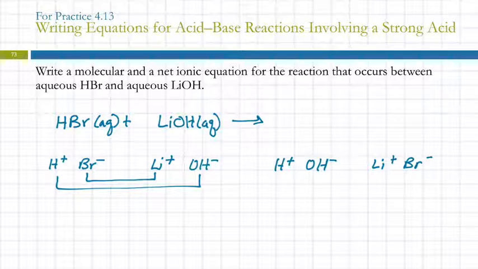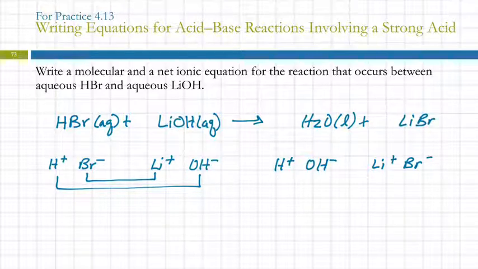It's like Mr. and Mrs. So H plus and OH minus, that's water. H2O, it's a liquid. It'd be silly to say it's aqueous because that would be water dissolved in water. And lithium bromide, the charges tell me I just need one of each, LiBr, and lithium compounds are always soluble from that list of solubility rules. So that one's going to be aqueous.